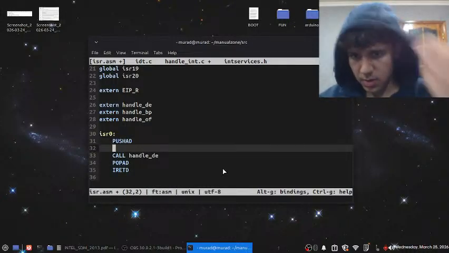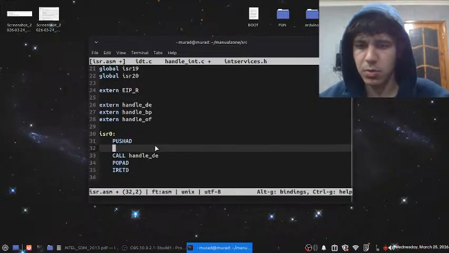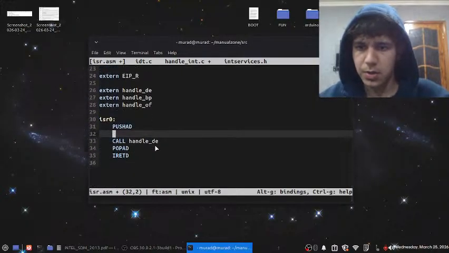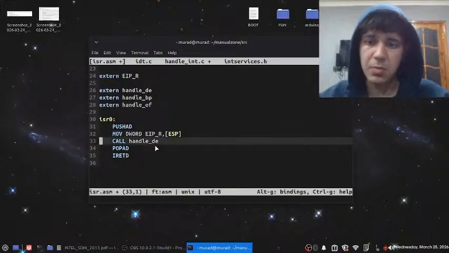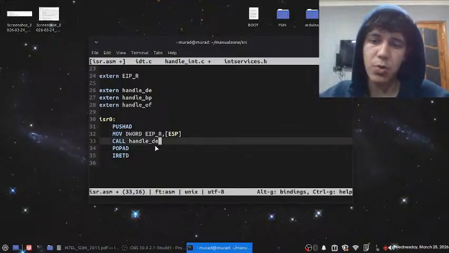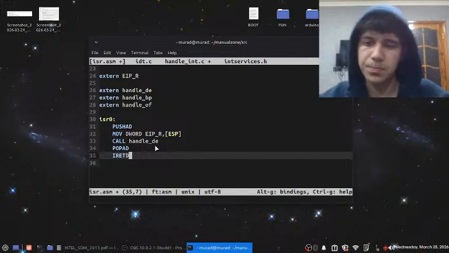Push out. There is no calling convention here, so I can basically say the keyword EIP register, ESP, because the stack pointer currently shows the return instruction pointer.